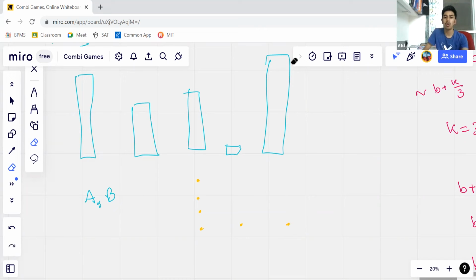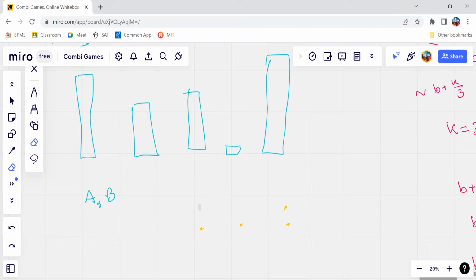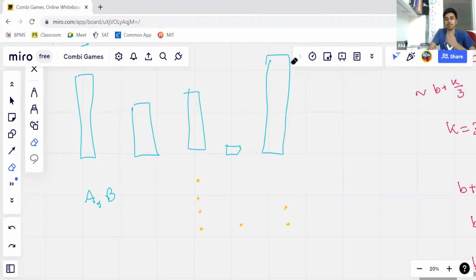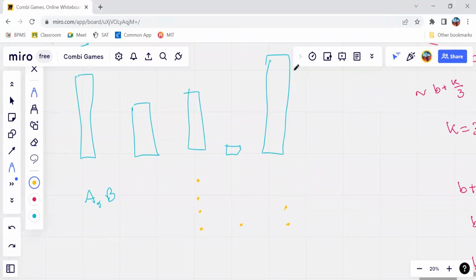So A can remove say 2 tokens from this pile, or he could remove 1 token from this pile, or he can remove 3 from here. Anything of the sort is fine. And what's the winning state? Whoever takes the last stone wins.